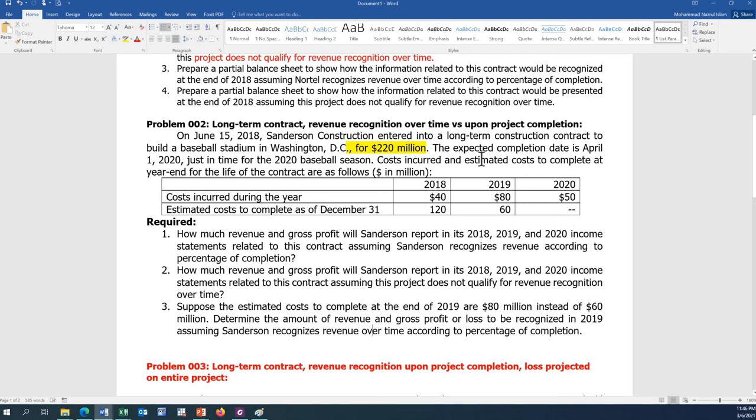Costs incurred and estimated costs to complete at year end for the life of the contract are as follows. The amounts during the year are 40 million, 80 million, and 50 million. Estimated costs to complete as of December 31st total 120, 60, and nothing in 2020.